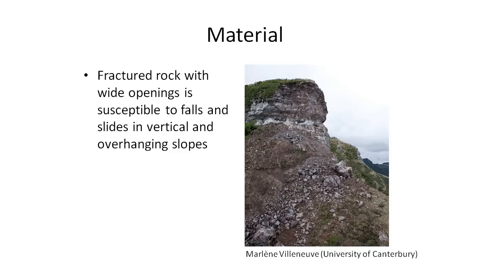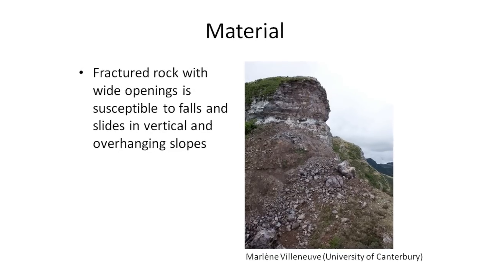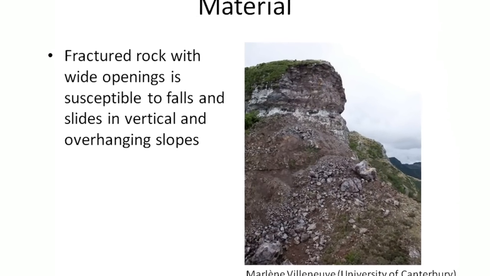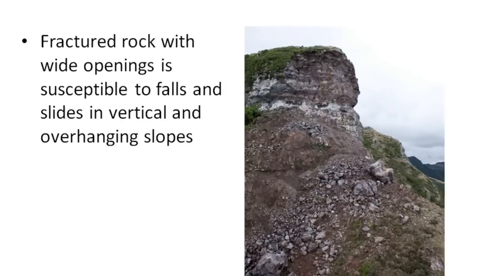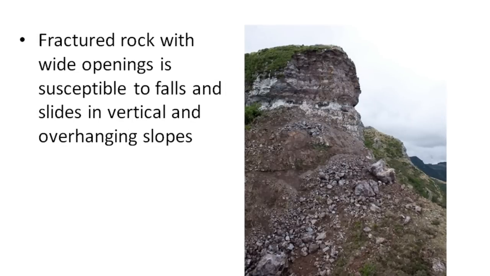And finally, the Port Hills, for the most part, are made up of rock. And the rock in the Port Hills contains a lot of fractures in it. And especially the fractures that have very wide openings, where some of that material has moved away just through natural weathering processes. Those blocks that have moved away a little bit are very susceptible to seismic forces, which will tend to make them rattle and start coming off those slopes, those cliffs.